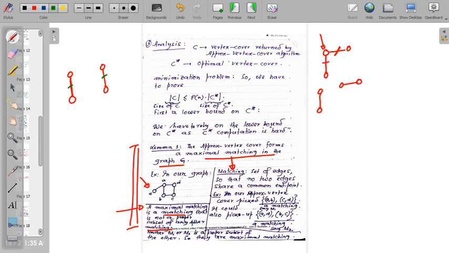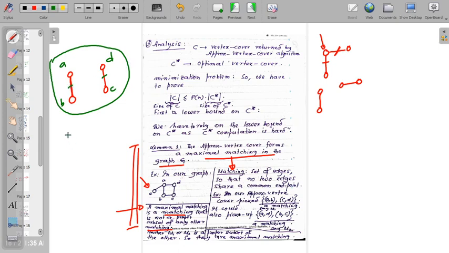Say this is A, B, and this is C, D. If I take any other edges here, then we will see that they have common endpoints. So these edges are the matching which are not a subset of any other matching.